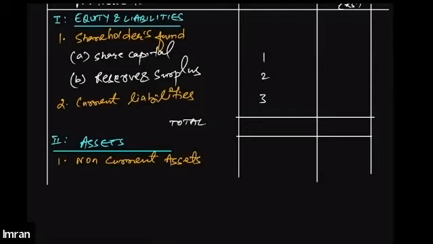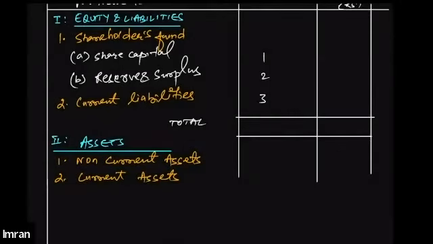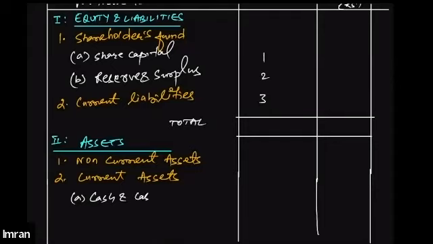And then we have one more category which is called the current asset. If you are able to recall, current asset. And under current asset, we have an item called cash and cash equivalent.